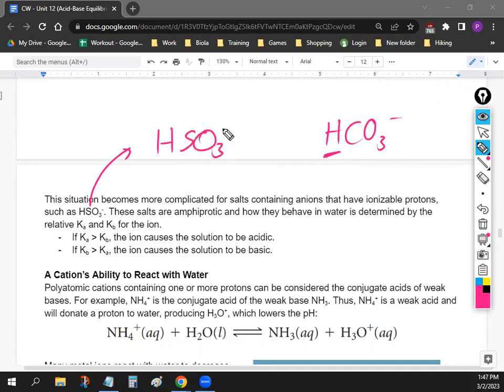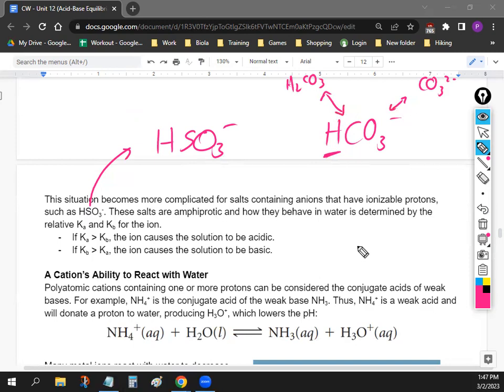There's also HSO3 minus. These are amphiprotic, which means they can become either acid or base. This one can go to H2CO3, but it can also go to CO3 2 minus, so it can act as either an acid or a base, depending on the reaction it is undergoing.